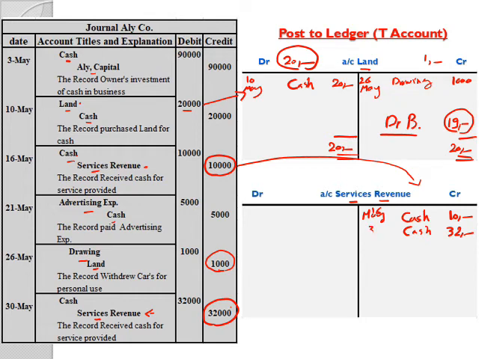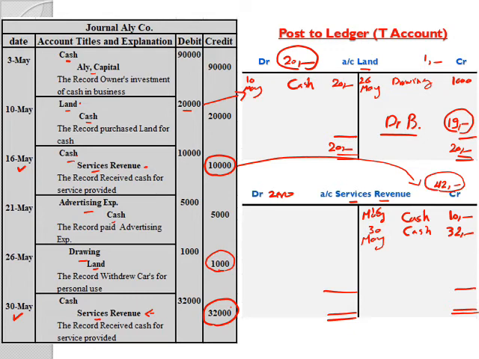date May 30. Any entry recording services revenue: I have transaction number 3 and transaction number 6 recorded in the credit side. Calculate: debit side equals 0, credit side equals 42.